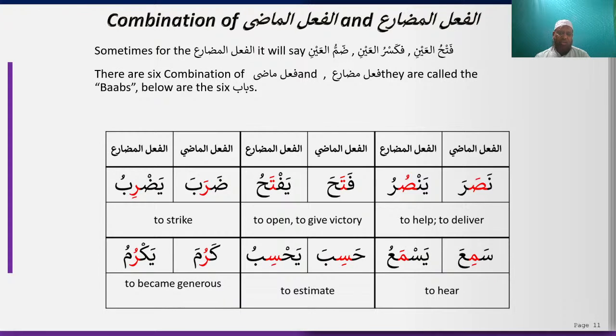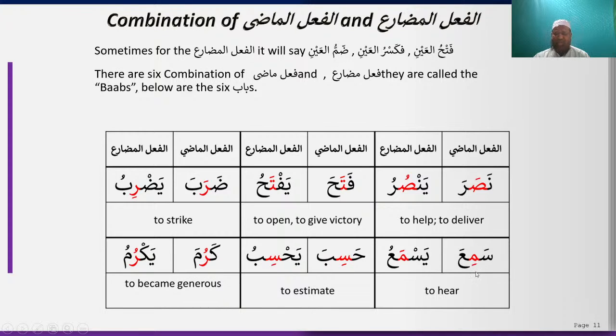In many of the Sarf books, you'll find these combinations, but you can make your own combination with another fi'l that falls in this pattern. Some others have made their own combination. For example, instead of sami'a yasma'u, they may have amila ya'malu.